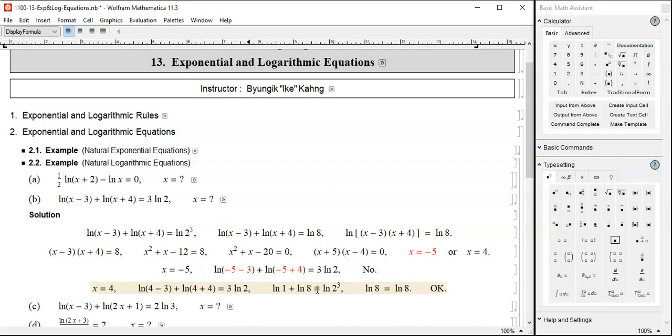Okay, that's right. So this one is okay, and the other one is no good.